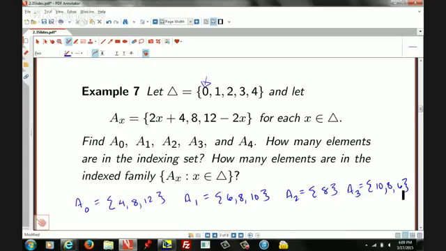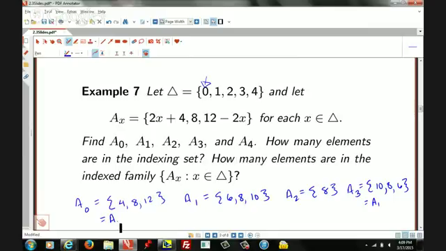Now, didn't we already see those? Yeah, that one's equal to A1. Those are the same. Is that equal to A2? No, sorry, A2 is inside. Yeah, it's a subset of.